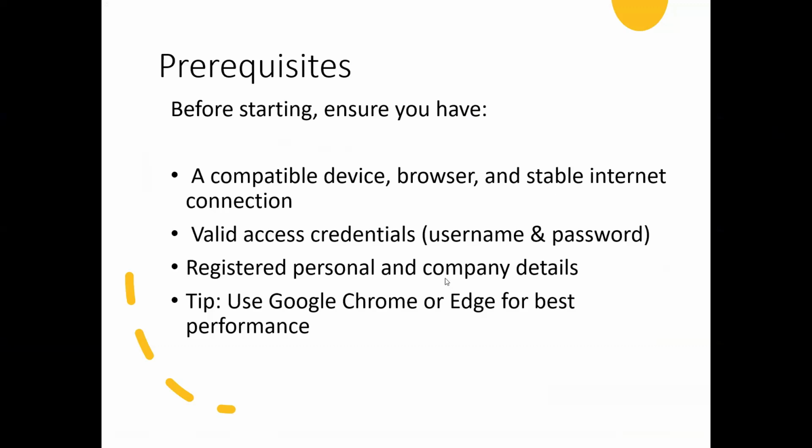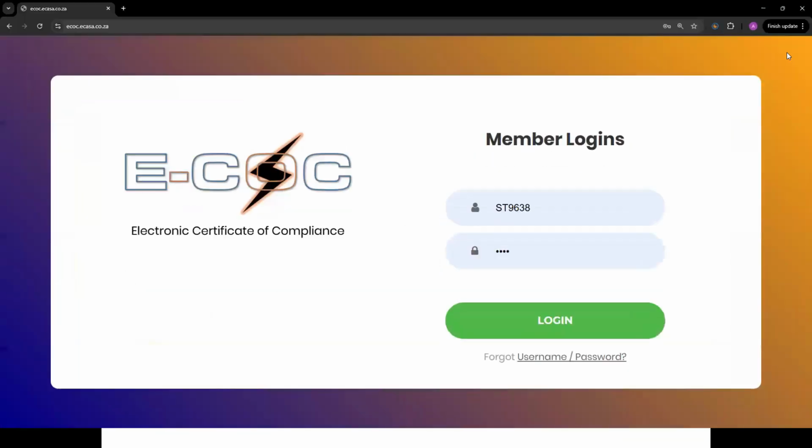Okay. Then you're going to need valid access credentials to the site. Now, you will see that there's a login number and there's a password that you would need to get. In order for you to get that, you're going to need to email or contact the local ECA office. There's a document you would have to complete as a non-member.